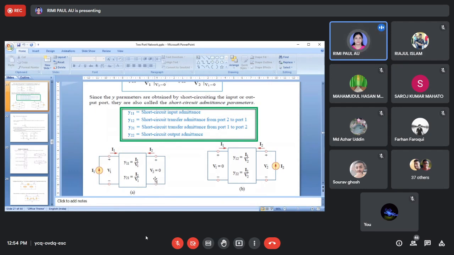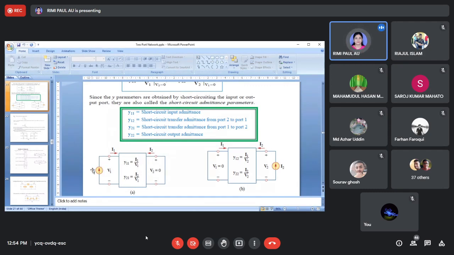So what you have to do is short circuit the output port, and the input is given I1. So we get I1 at the input, terminal voltage V1, and as it is short circuited, V2 is equal to 0. So we get a current I2, and we take this current as entering the network.